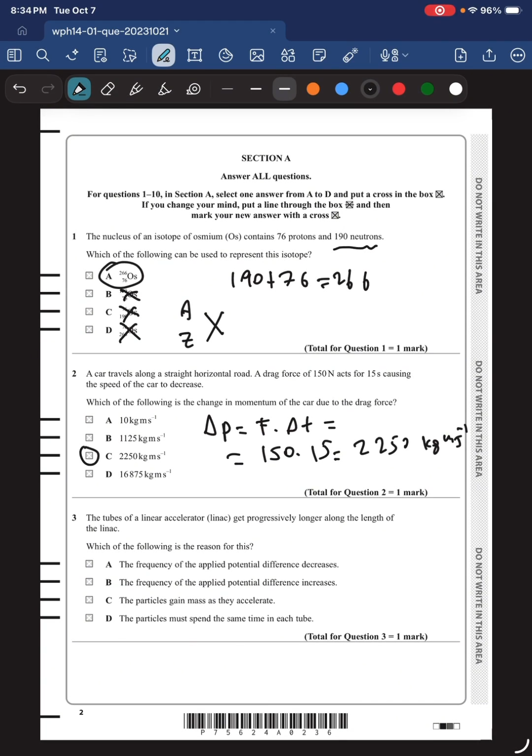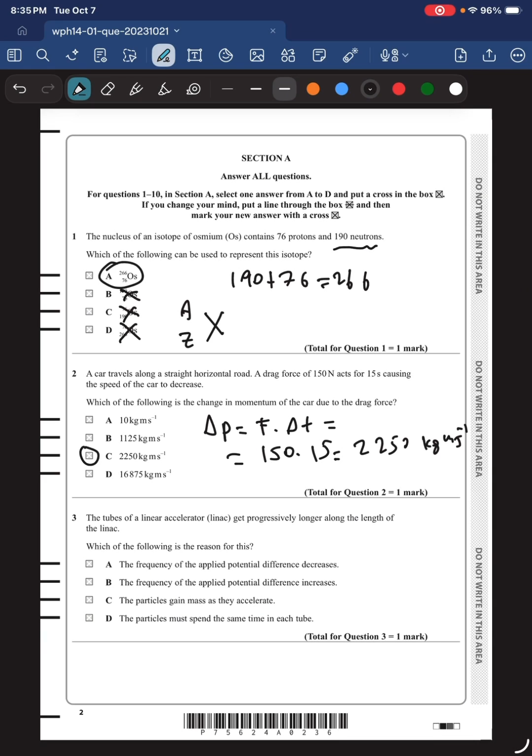Question 3. The tubes of a linear accelerator, LINAC, get progressively longer along the length of the LINAC. Which of the following is the reason for this? Okay, A, the frequency of the applied potential difference decreases. This is obviously wrong because the frequency of the potential is constant. The frequency of the applied potential difference increases, also wrong since it's constant. The particles gain mass as they accelerate.